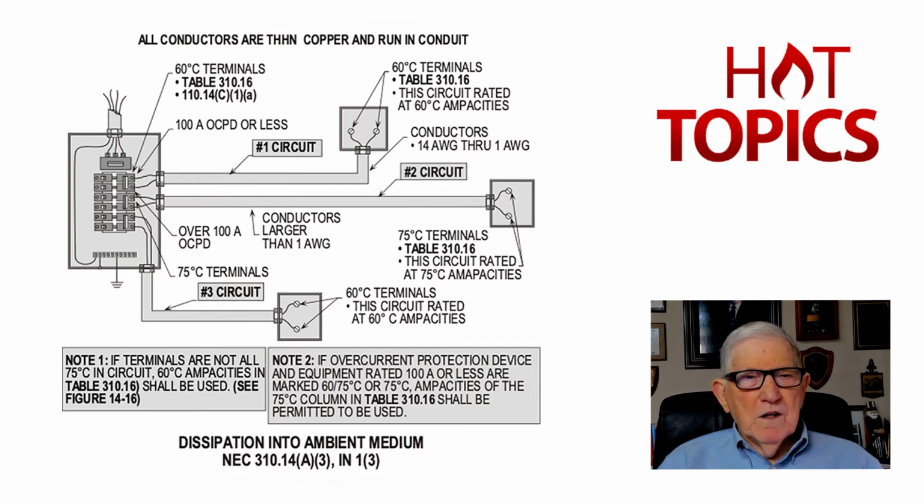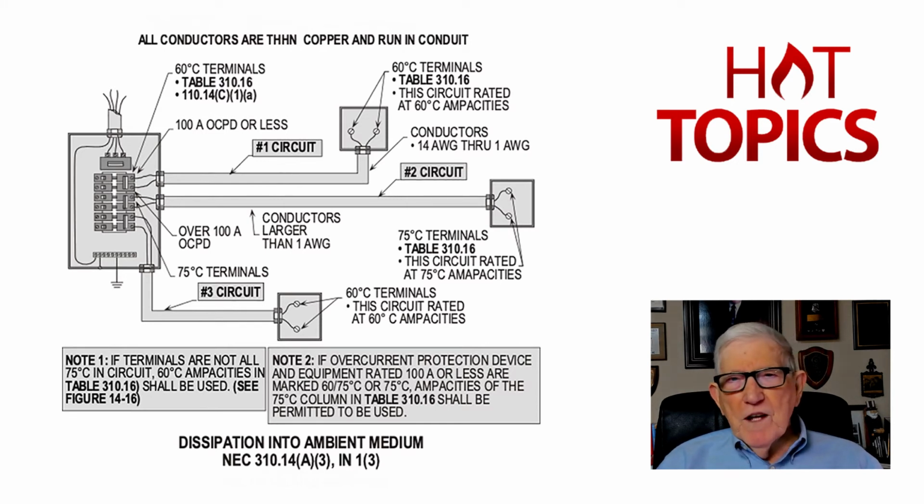Now, if we look at the next circuit here, number 2, you're looking at your terminals, you're over 100 amps, so they're automatically 75 degrees C. You have 75 degrees C here, so you can cable this at 75 degrees C, but notice your conductors have to be larger than number 1.